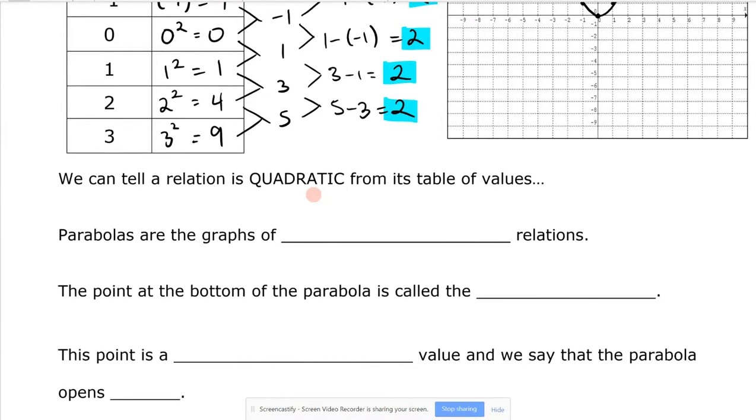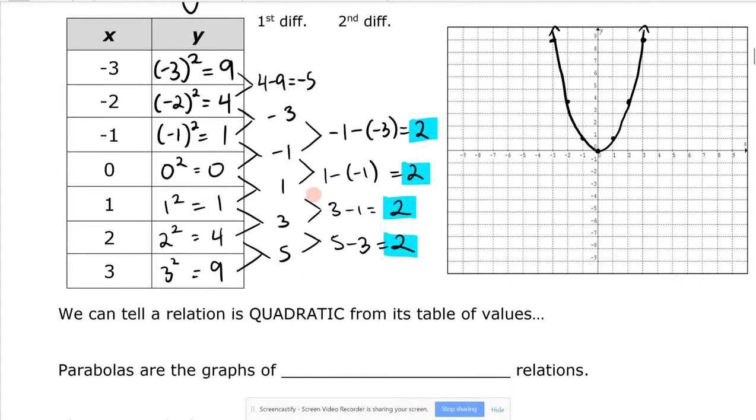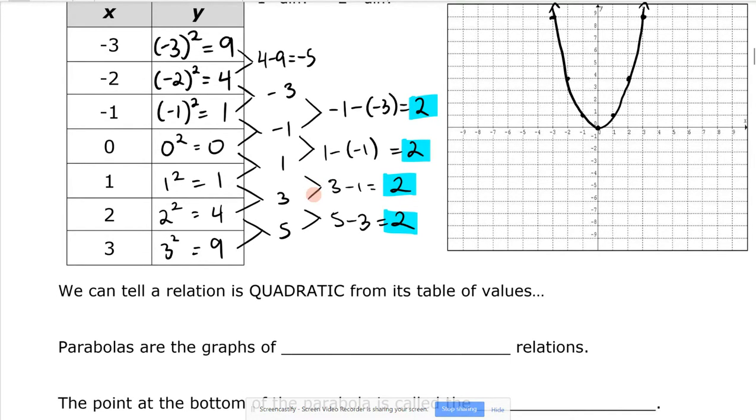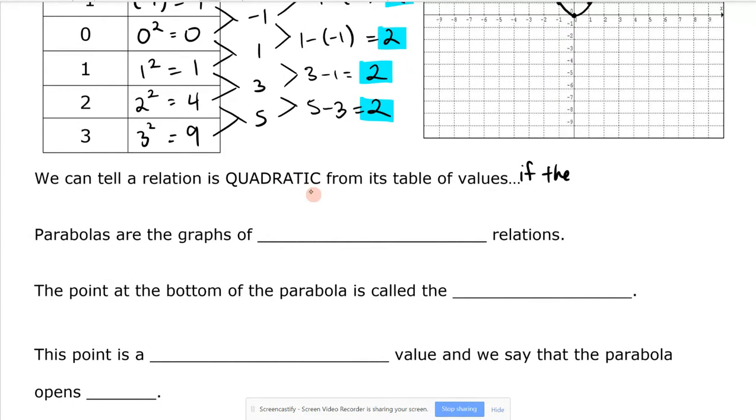Okay, so we can tell the relation is a quadratic relation. We can tell it's a quadratic from its table of values if the second differences are all equal, or you can say constant.